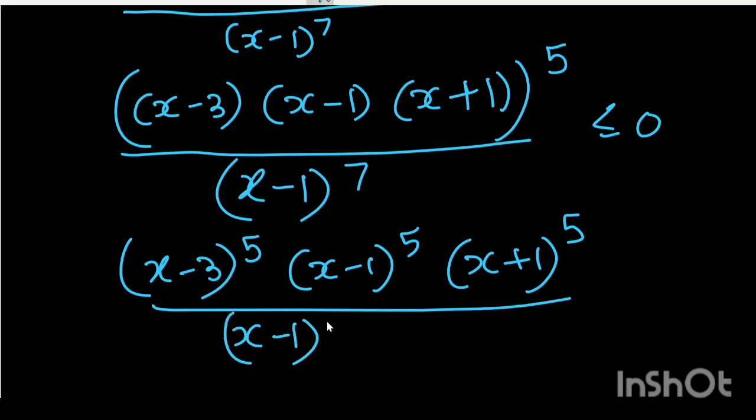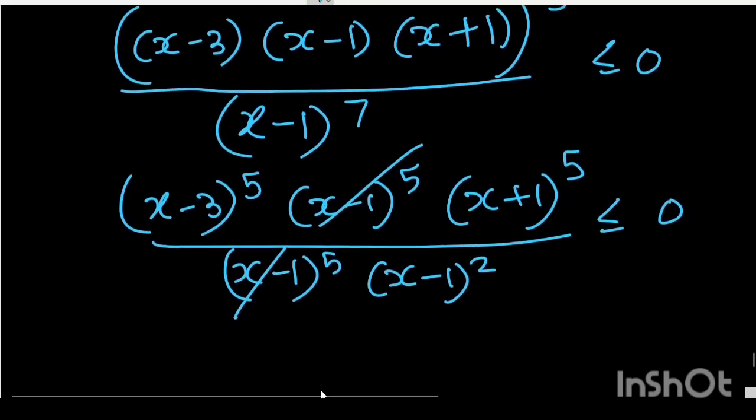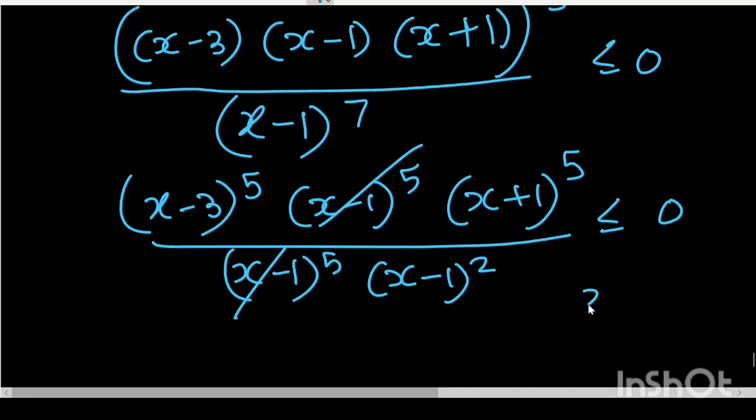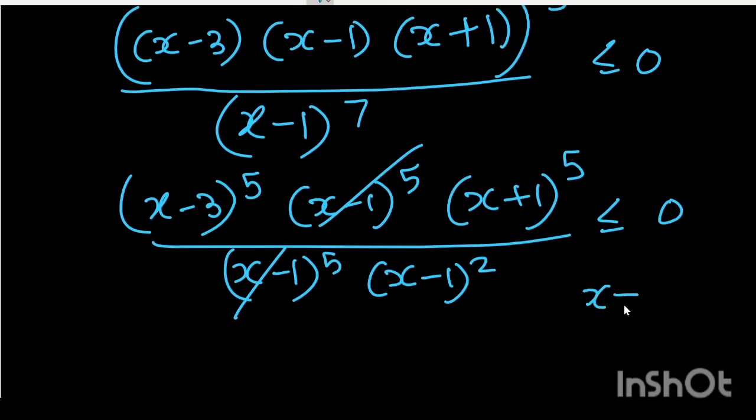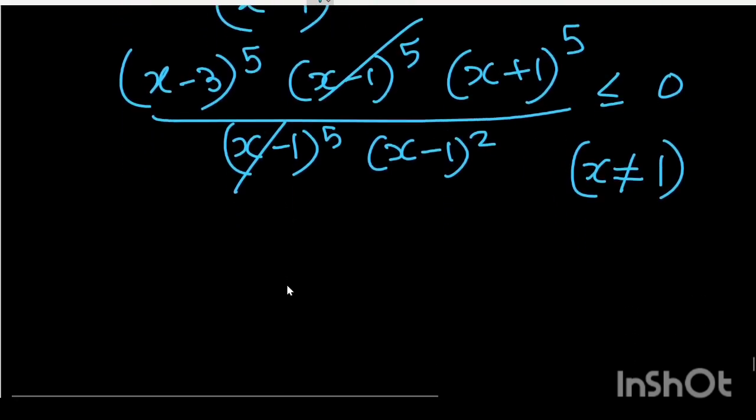So I can write 7 as 5 and 2. The purpose of writing it as 5 plus 2 is that this and this get cancelled. As soon as you cancel these two, you make an assumption: x is not 1, because you cannot cancel terms which are 0. 0 upon 0 we cannot cancel, it is not defined. When x is not 1, we can cancel both. So assuming x is not equal to 1, we can now further solve it.